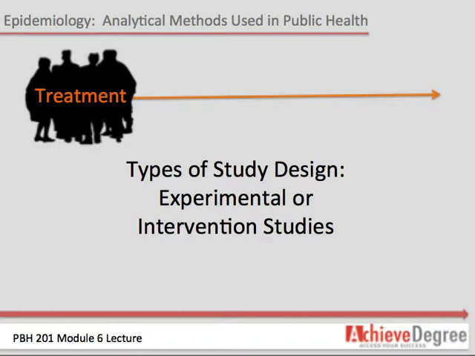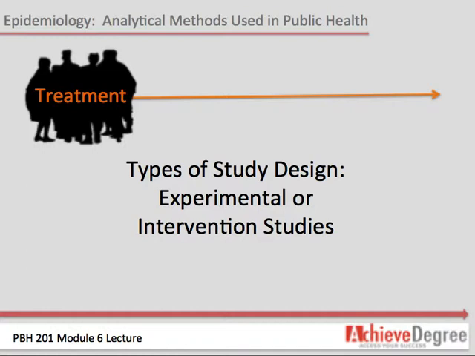Clinical trials are usually double-blind, which means that neither the doctor nor the patient knows whether the patient is receiving the treatment or a placebo. This too is done to minimize bias, which could influence outcomes.